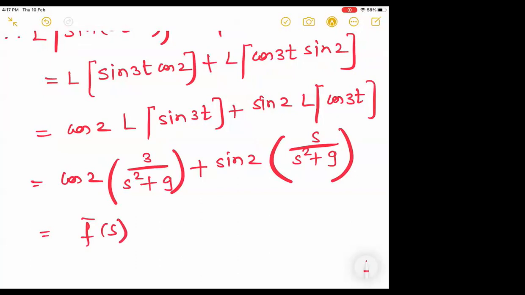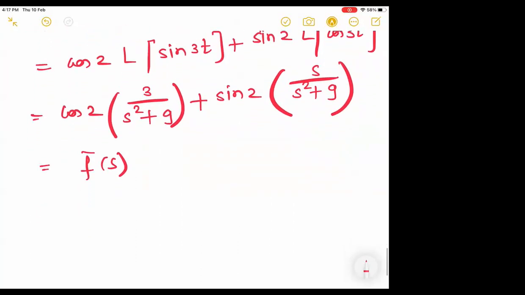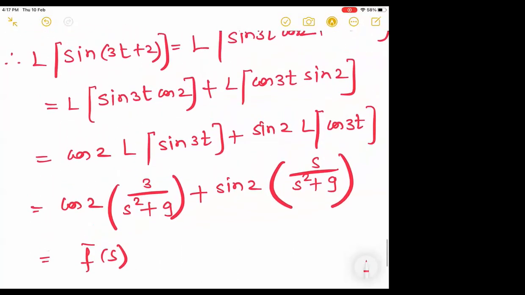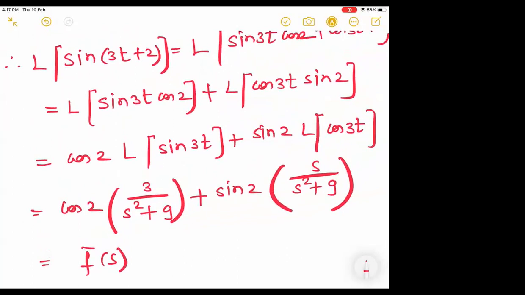Followed? So this way, just simplify by the basic definition. Always put the f of t function there and simplify the integral. Of course, you should know what method to apply for the integration. Then we will get the final answer in terms of s after putting the limits.